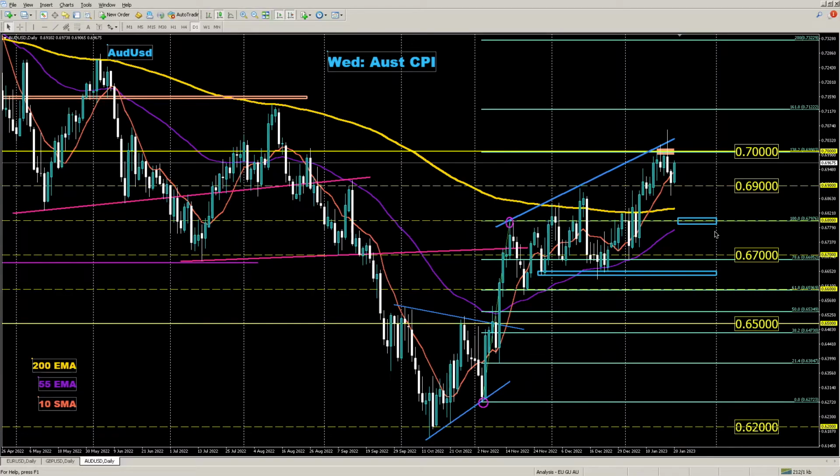So the 68 level could be quite safe here. And the 70 is still proving to be a strong psychological barrier.